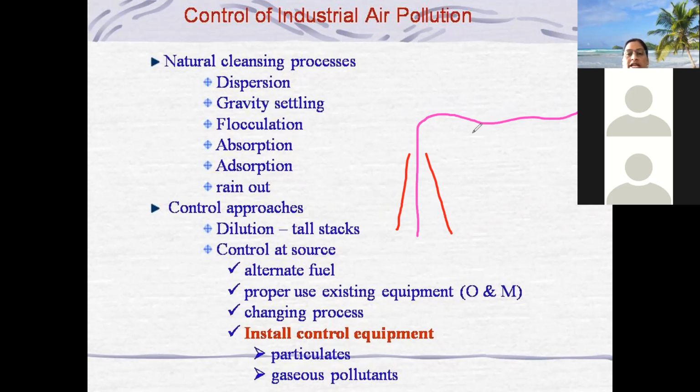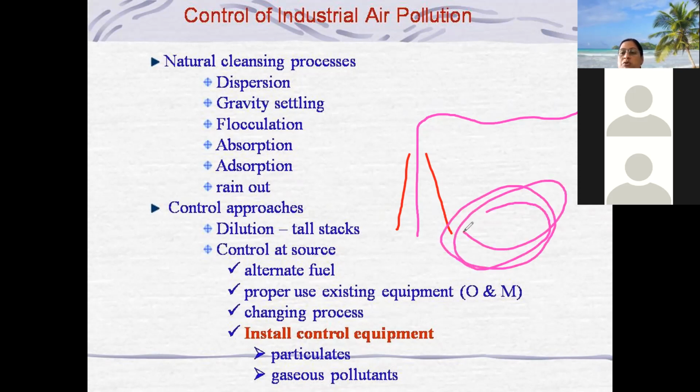If wind speed is greater, the dispersion will be greater. If wind speed is lesser, then dispersion will be lesser. If dispersion is lesser, this particular area will be affected for long because of longer exposure.